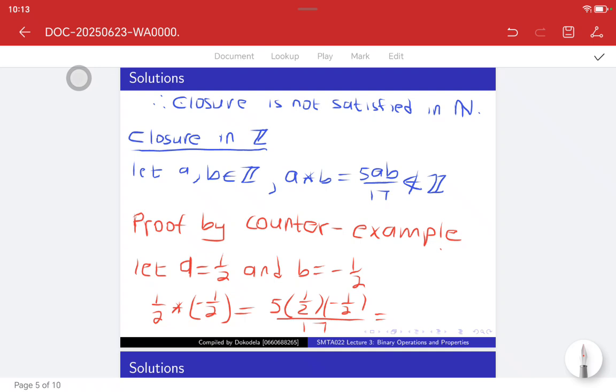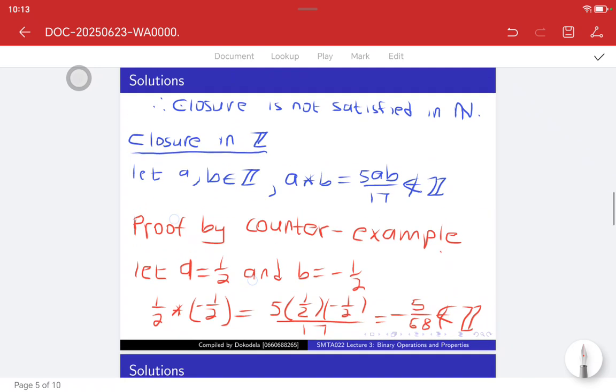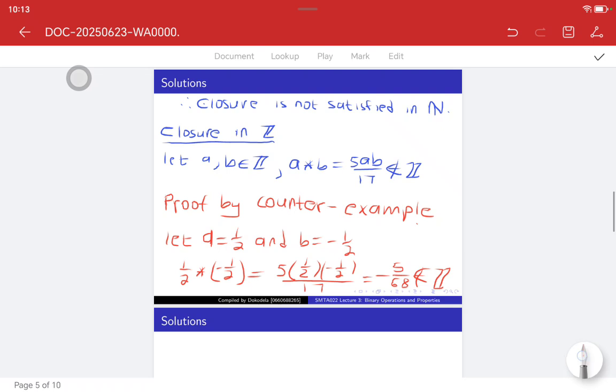Let's check with the calculator. This is going to give us minus 5 over 68. And this is not an element of an integer. We agree right now. So this can either be a real number or a rational number. So we can give the same conclusion as before.